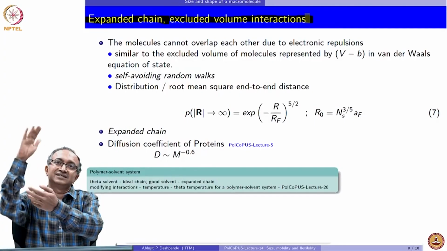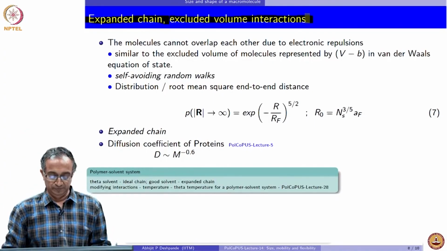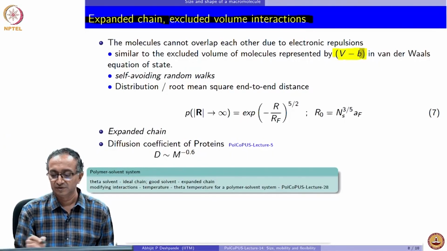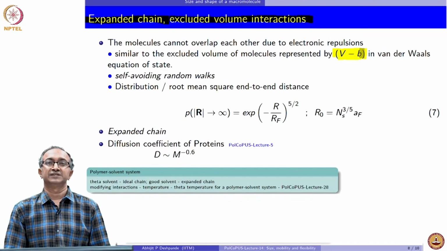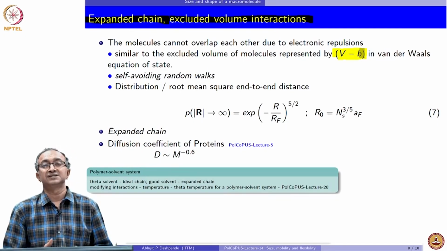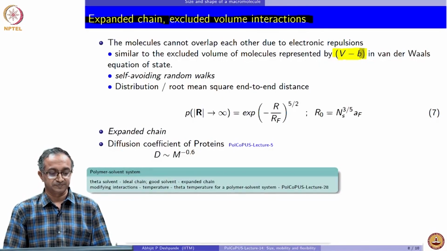Because one part of the chain is there, the other part of the chain cannot occupy the same volume. By the way, this is very similar to the van der Waals equation, where instead of V, we say volume is V minus B, where B signifies the volume occupied by the molecules themselves.